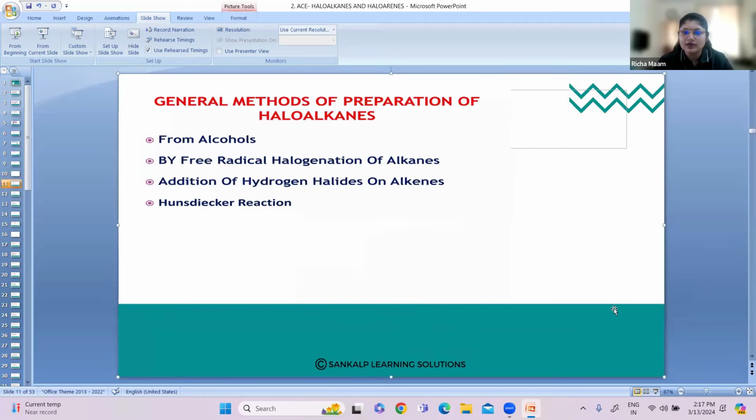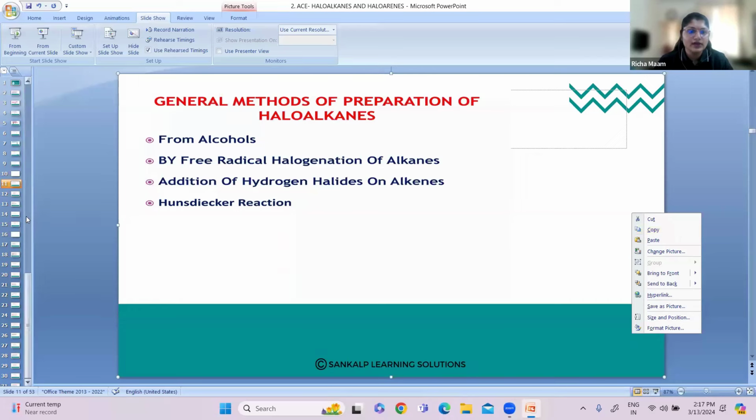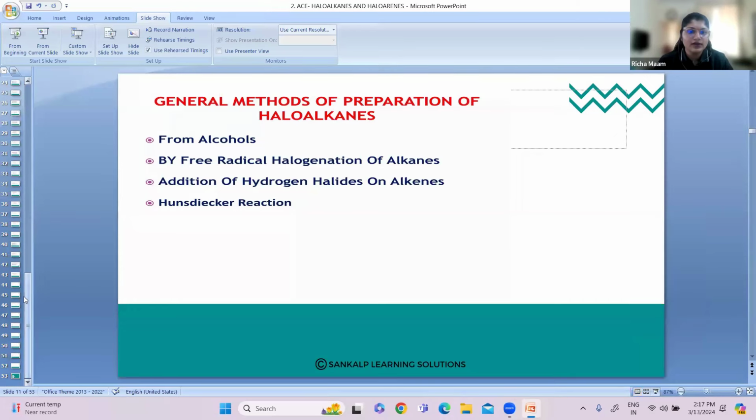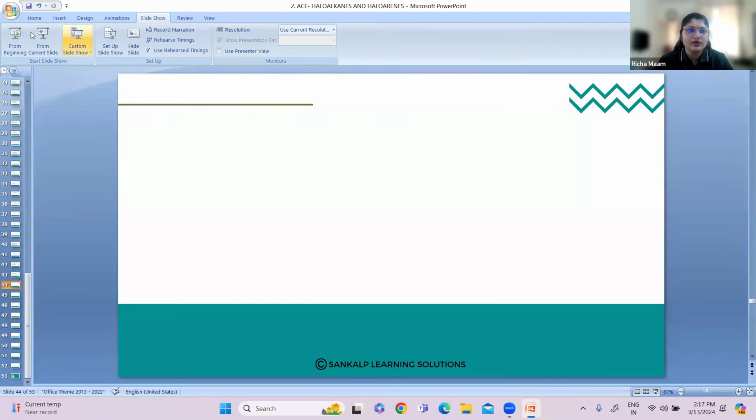So how to name the compound? Just a second, I'll take a new slide here. Now we are going to see the nomenclature. So the classification is clear. We'll start with nomenclature.